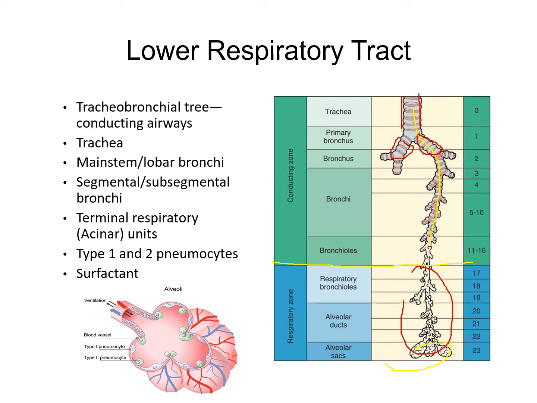So these structures together that I just circled, the respiratory bronchioles, the alveolar ducts, and the alveolar sacs, are known as the acinus, A-C-I-N-U-S, and they participate in gas exchange. So the functional unit of the lung is the alveoli. And this is the actual part where gas exchange occurs. That's really important. The functional unit of the lung is the alveoli, and this is where gas exchange actually occurs.